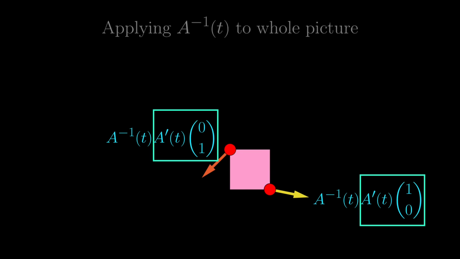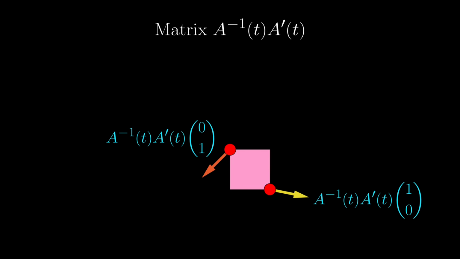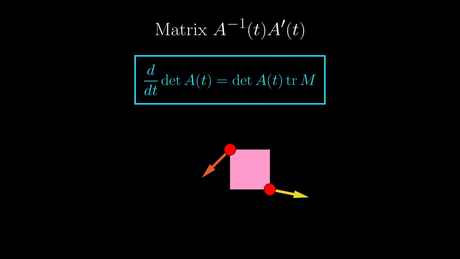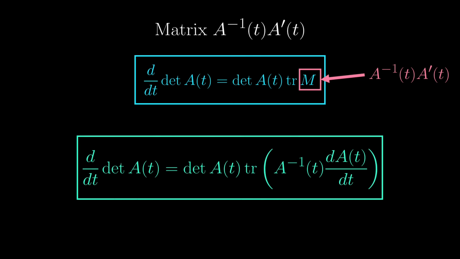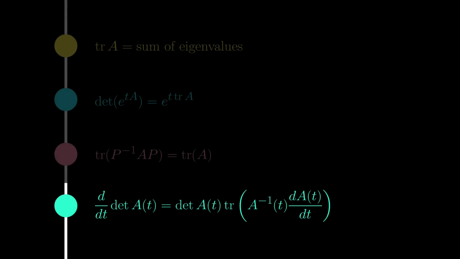This means that the matrix generating the vector field would be A inverse A prime, and the matrix M to be put into the formula that we derived previously would be A inverse A prime. And this is exactly Jacobi's formula where the matrices in the trace are in the right order, A inverse A prime. So this is Jacobi's formula derived in the case when A is invertible.